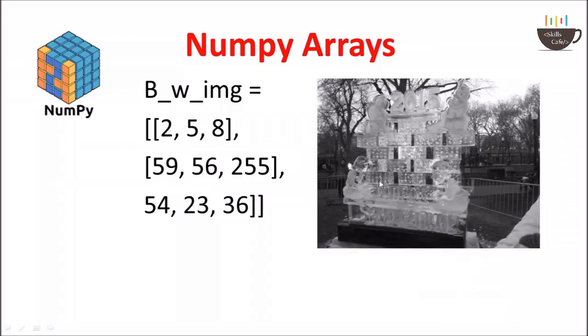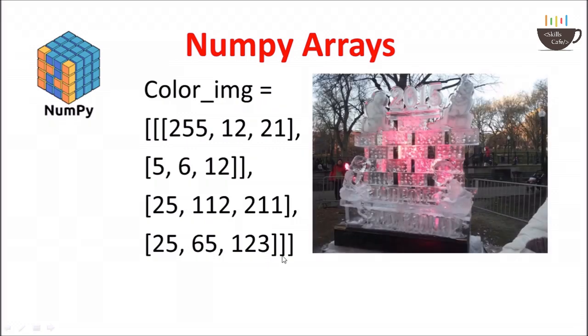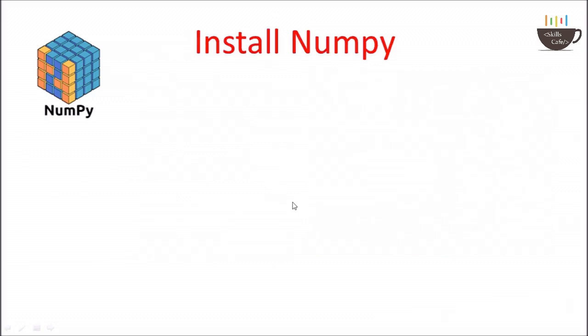So this is the black and white image. And if we want a color image, we have to give 3 dimensions, that is RGB. So red, green and blue pixel images. Don't worry if you are not understanding anything. This is just how the data frame looks and how the images are stored in Numpy. Okay. So this is how we'll have a color image, and this is the color coding for each and every pixel.